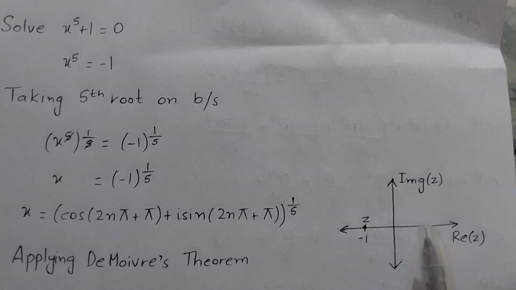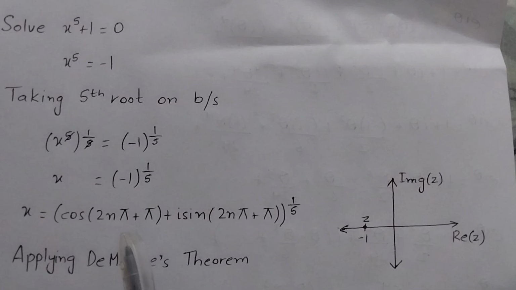So the angle is basically 180 degrees. But as we know that cosine and sine, their values repeat. So as this complex number is present on x-axis, this will only have the cosine part, not the sine part, because the imaginary part is missing. So cosine of the angle must be equal to -1.